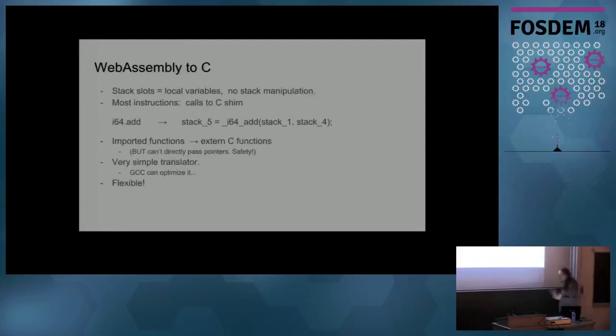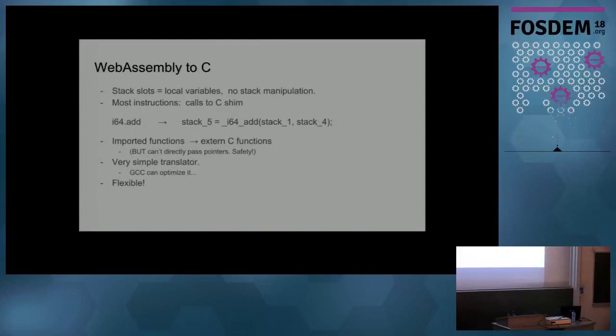So when you translate WebAssembly to C, as I said, stack slots map to local variables there directly. There is no explicit stack manipulation. Most instructions are not understood by the translator at all. It needs to understand some basic things like control flow, for example, loops, branches, that kind of stuff.